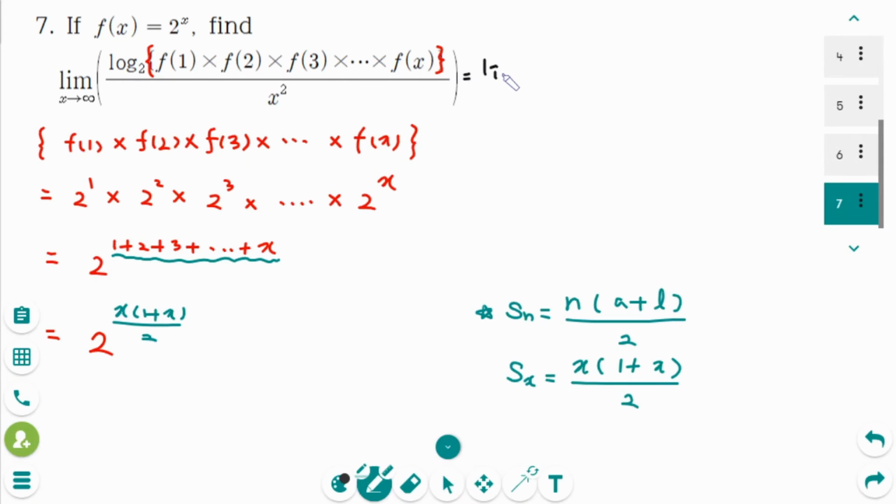So limit x approaches infinity, log 2 of this one, 2 to the power of this over x squared, like this.